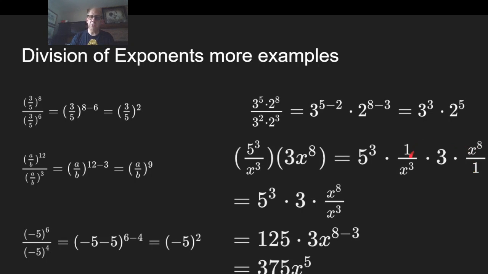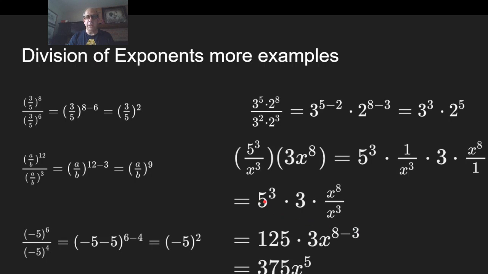Now I can use that commutative property to combine my fractions, my x powers, my bases of x, and my numbers. So I have 5 to the power of 3 times x to the 8th divided by x cubed, right? So multiplying by the inverse is the same as dividing. So my powers here, my x to the 8th and x to the 3rd, are just going to subtract.